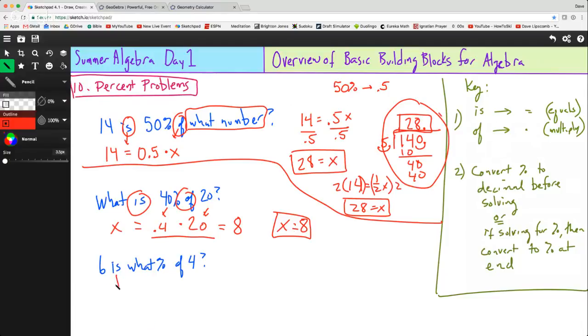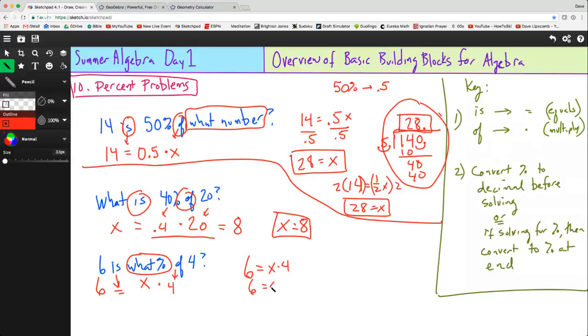All right, 6 is what percent of 4? Well, here we go. Our what percent is x. And notice, because it's a percentage, we're going to have to convert that back at the end. 6 equals x times 4. So 6 is equal to x times 4.